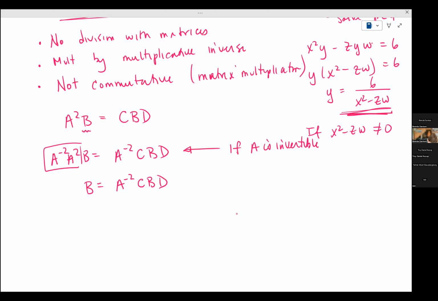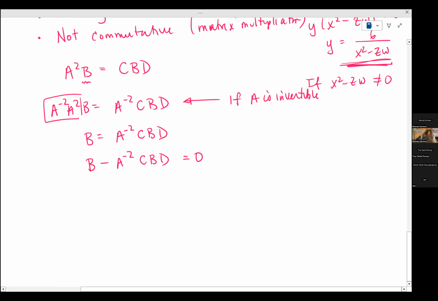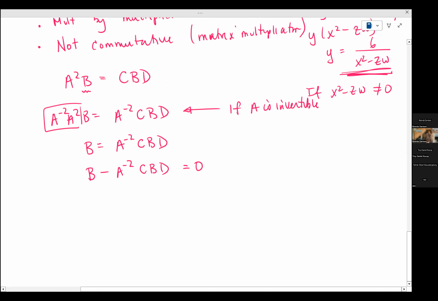So let me just show you what I'm going to do here. b minus, like I would do here, c b d, that's equal to 0. I'm wondering then how to get out.